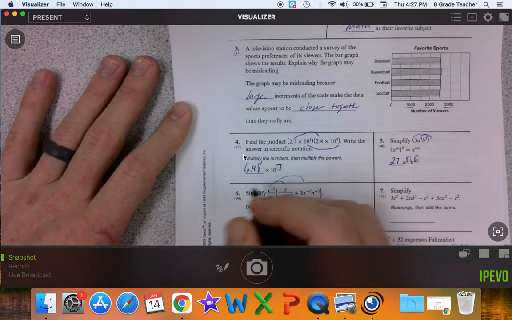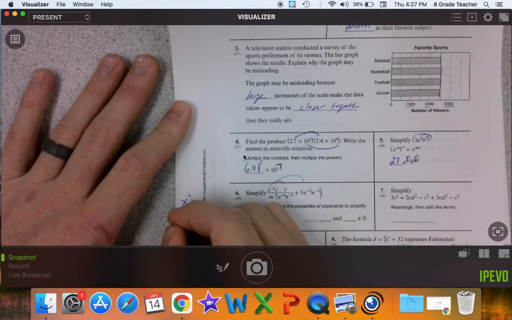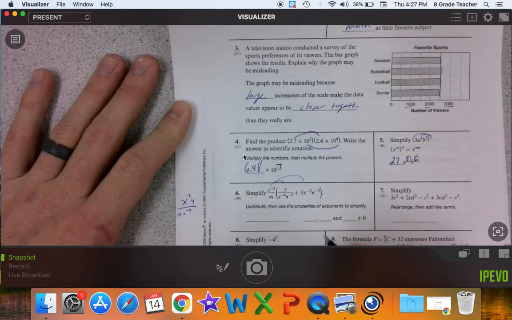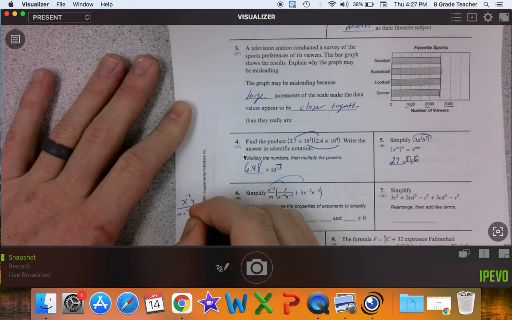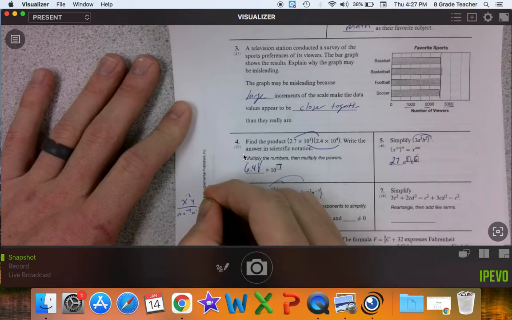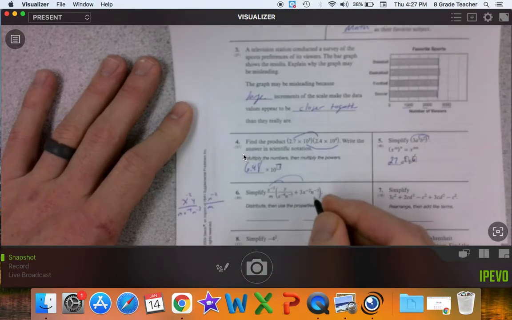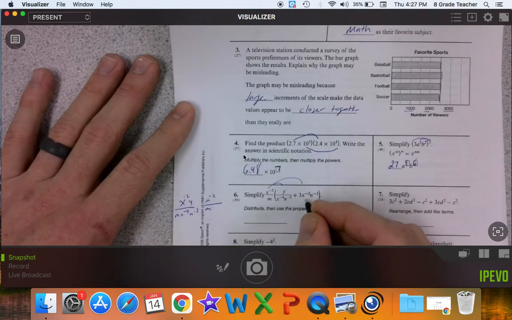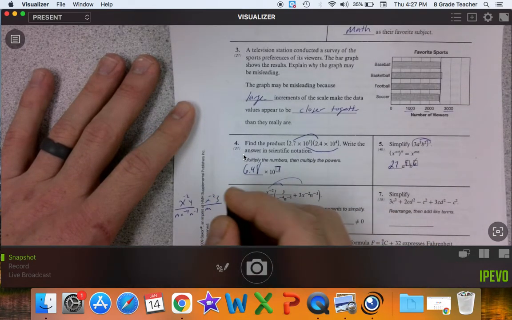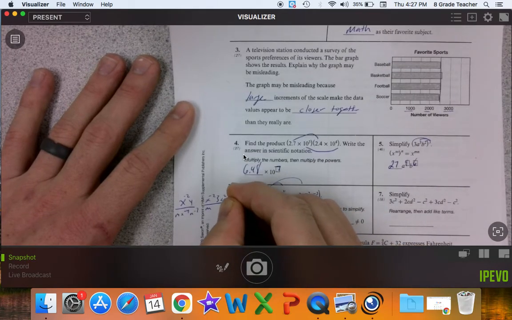In this first term, you would have x to the negative 2nd times y in the numerator. You'd have m x to the negative 4th n to the negative 3rd in the denominator. In the second term, you'd have x to the negative 2nd over m times, in the numerator, all of this material, 3 x to the negative 2nd n to the negative 3.